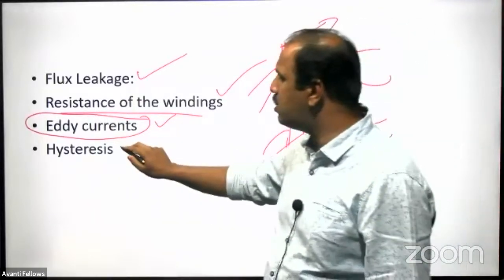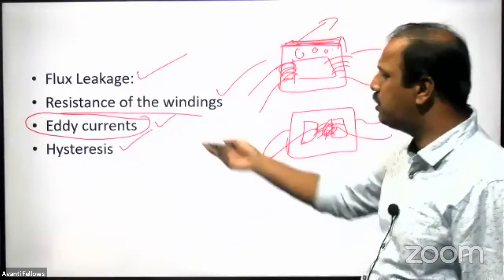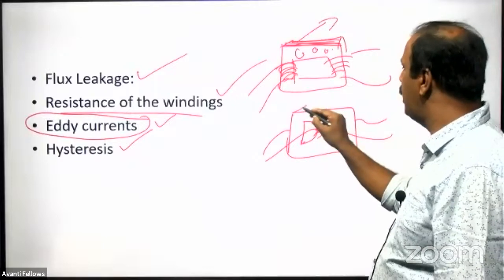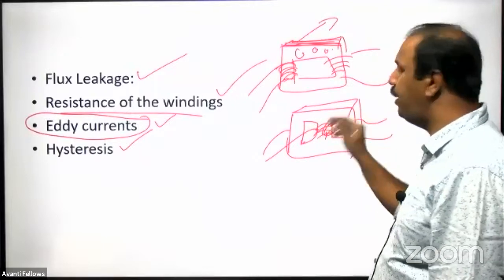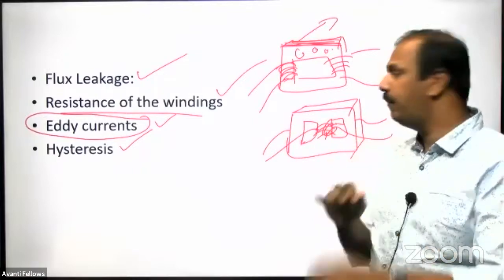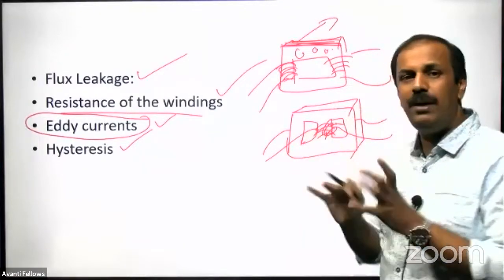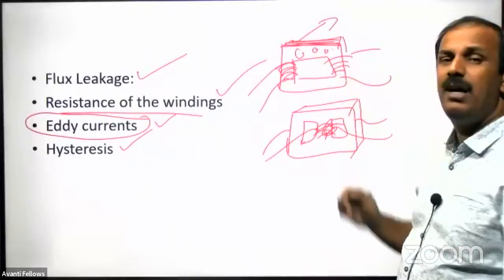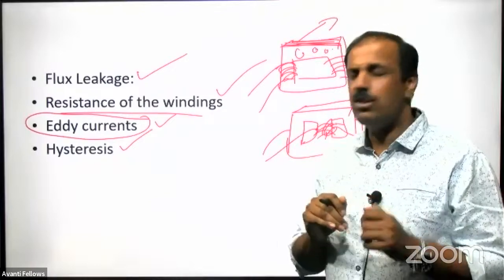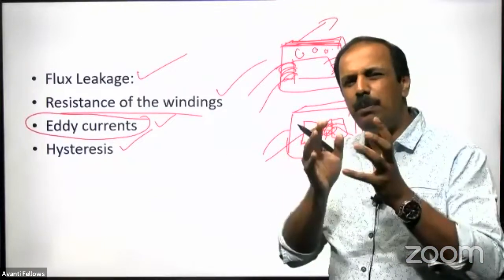And there is hysteresis also. What is hysteresis? That is not there for you to study, but still we will tell it. When we give AC, positive and negative change continuously. Once the positive and negative change, the magnetic field here should also change like that, north to south. But it will not change that fast; it will remember a little bit.